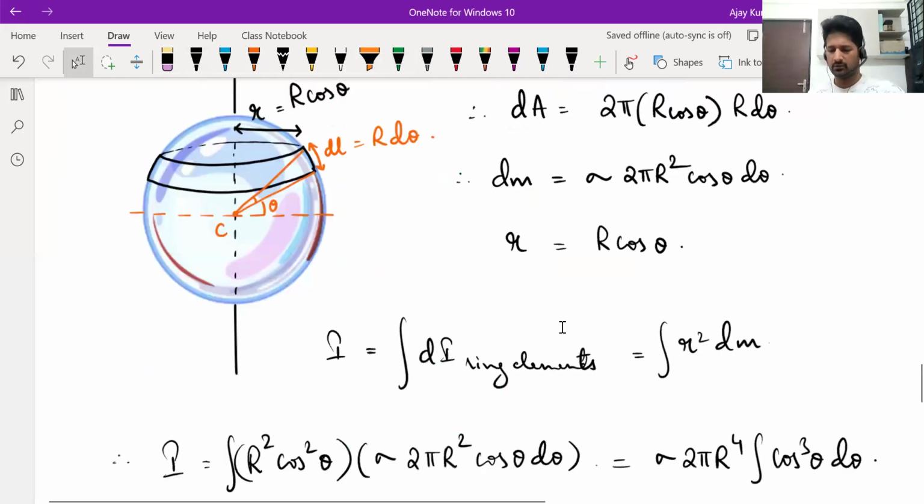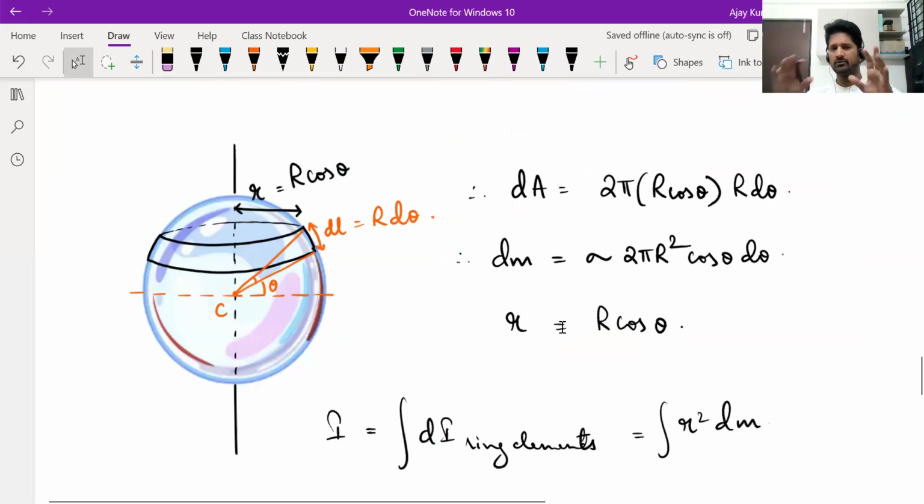Now, let's go back to the diagram. Our aim is to find the moment of inertia of this whole sphere. Okay, to cover the full sphere, from what value to what value should theta vary? Or you visualize it like this.